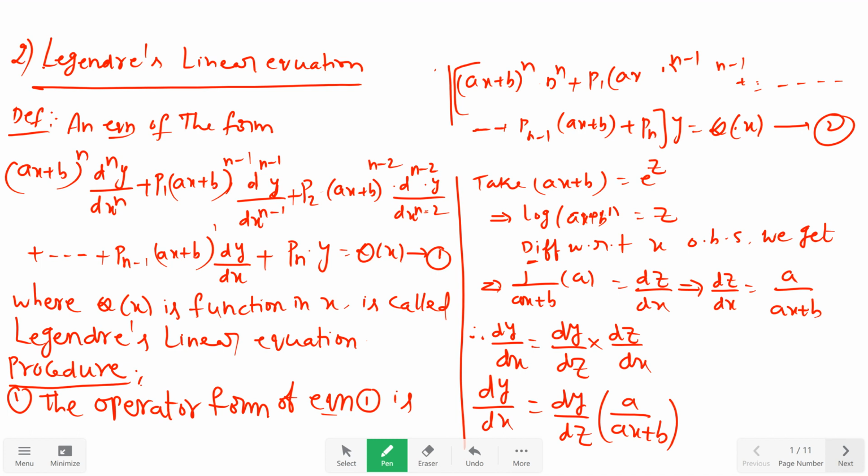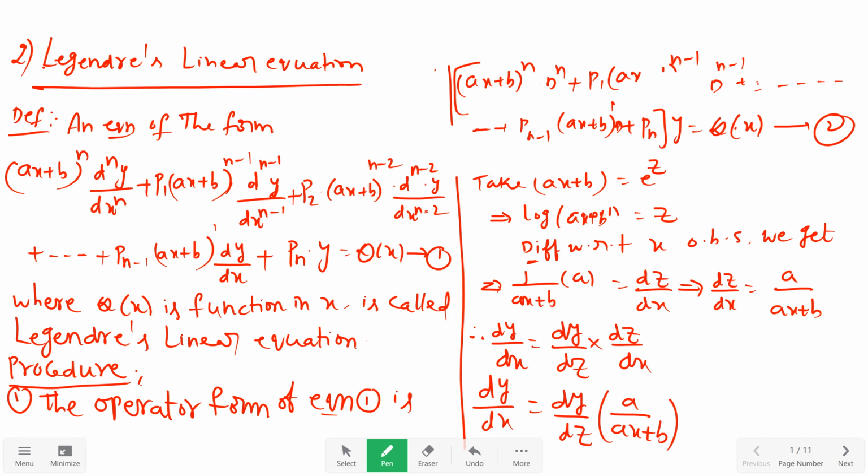First step is, before taking the substitution, we write the operator form of the given equation. The operator form of Legendre's linear equation is (ax plus b) whole power n into D power n plus p1 into (ax plus b) whole to the power of n minus 1 into D to the power of n minus 1 plus and so on plus p n minus 1 into (ax plus b) into D plus pn, whole, into y is equal to q of x.